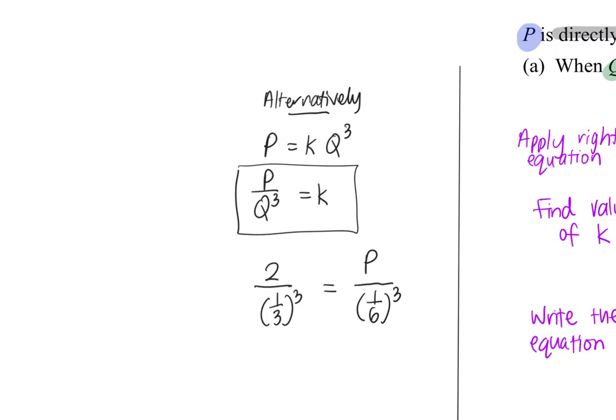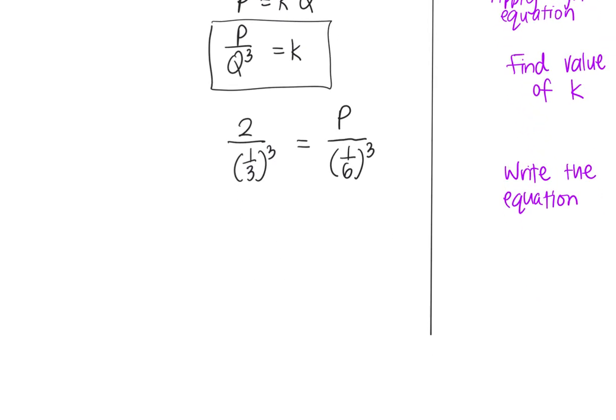Once I do this, it forms this equation which I can then multiply by 1 over 6 cube on both sides to get us 1/4.